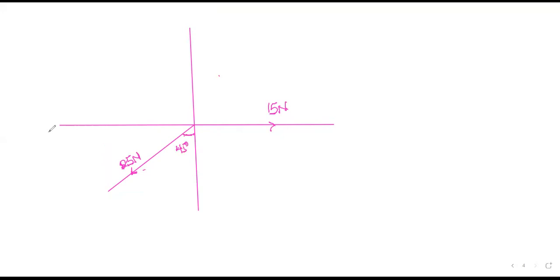Then we have a third one of magnitude 30. The angle it makes with the x-axis is 30 degrees. The question demands that we find the resultant of these 3 forces and their direction.